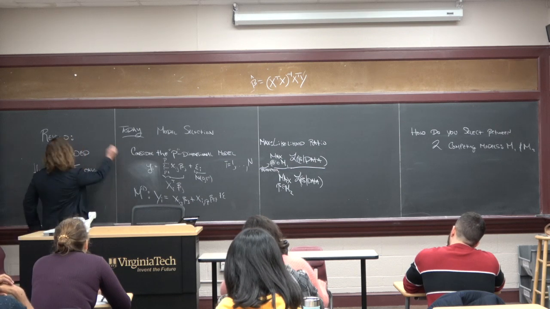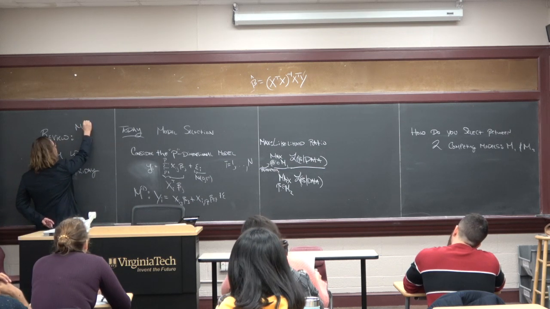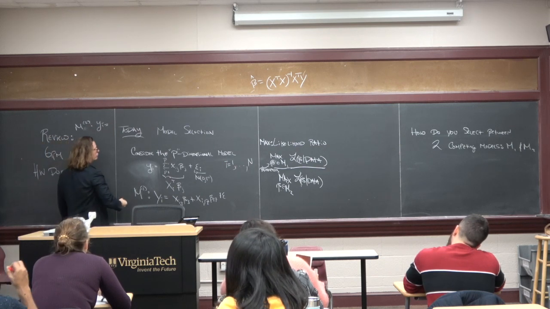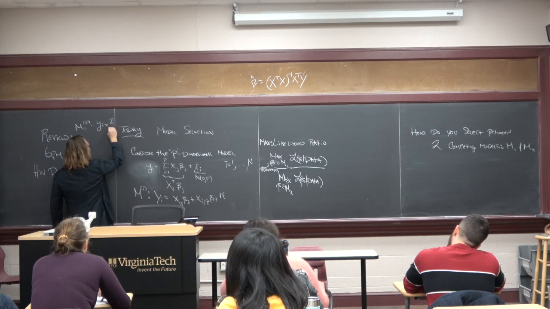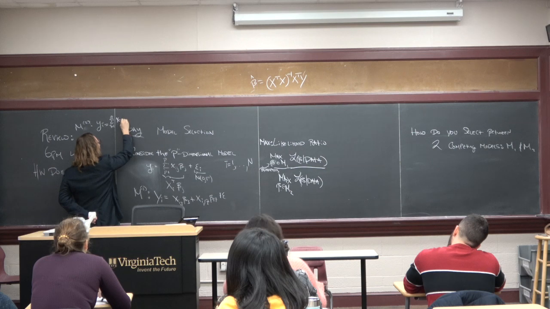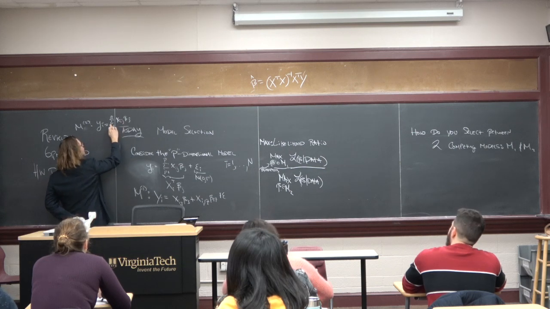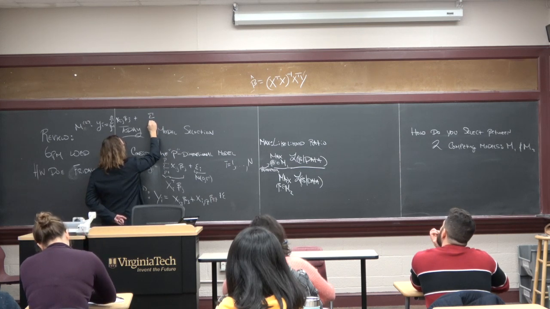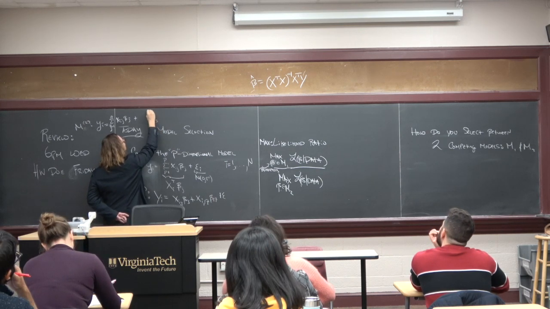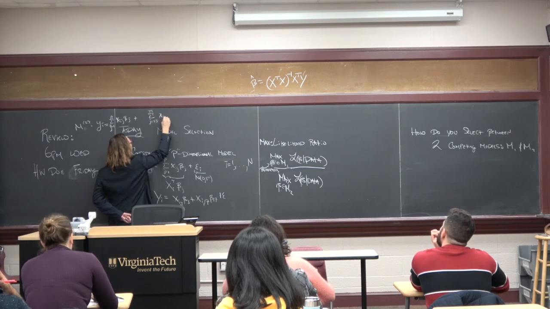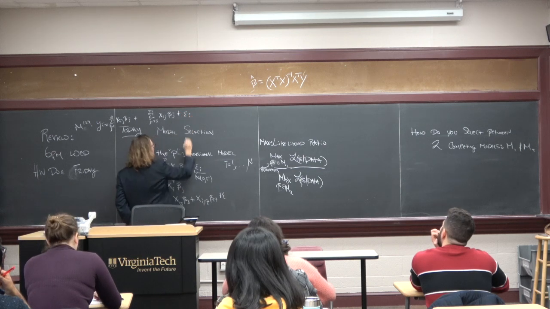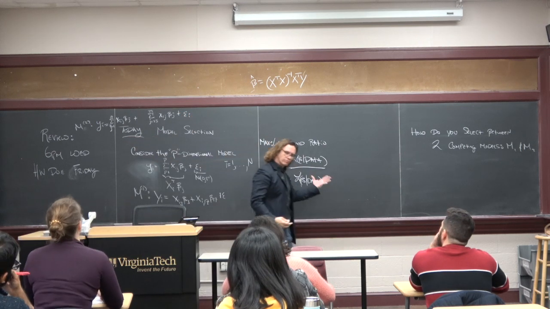Model 2, I'll write it up here, might look like this: y_i is going to be the sum over j from 1 to 10 of x_ij beta j, plus the sum over j from 25 to 29 of x_ij beta j, plus error. So maybe these are two models.